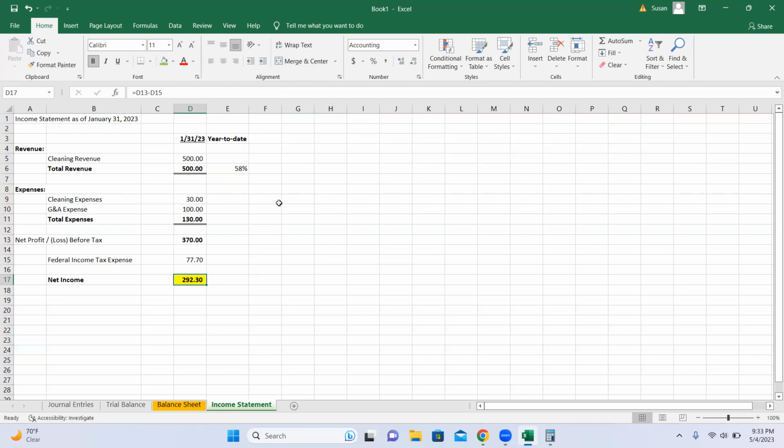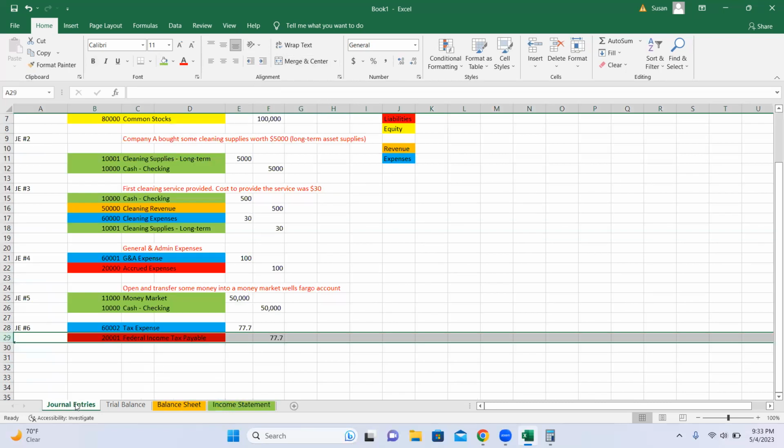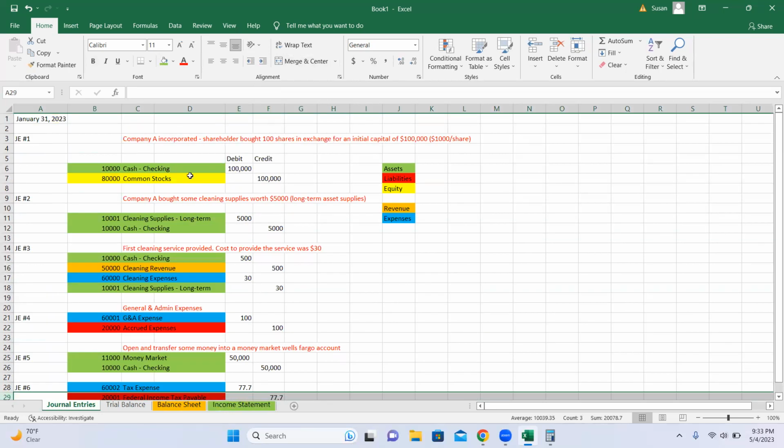So there are different things that professionals or decision makers use to make decisions of what's going on with the company. And that is why it's so important that we know how to prepare these. And it starts very simple from what's going on every day for the month of this company.